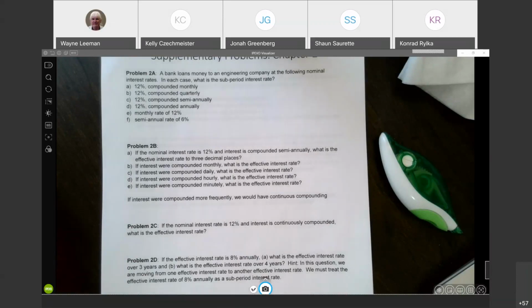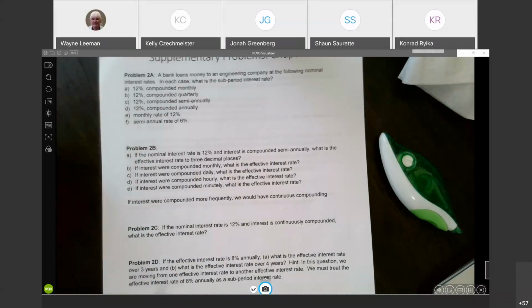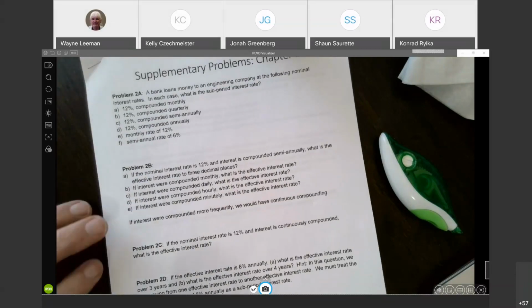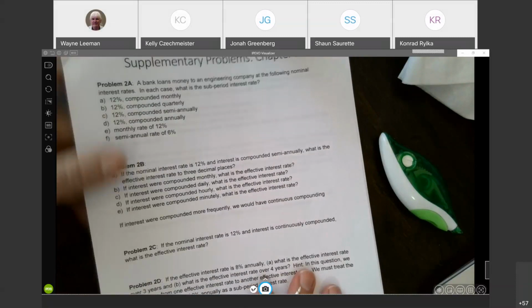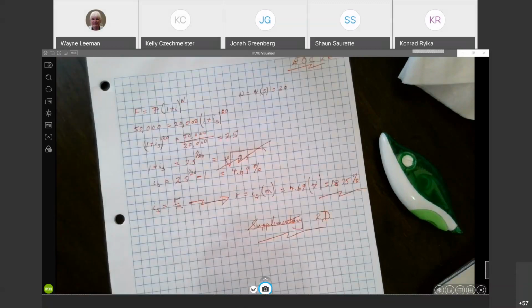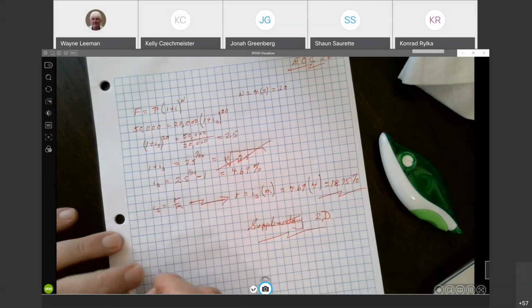Hint, in this question, we are moving from one effective interest rate to another effective interest rate. You must treat the effective interest rate of 8% as a sub-period interest rate in the formulas. It's a bit of a maneuver, but it's very legitimate and it works. So our formula will be, once again, our basic formula.